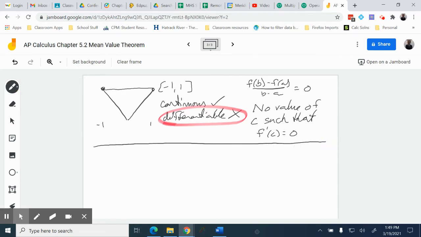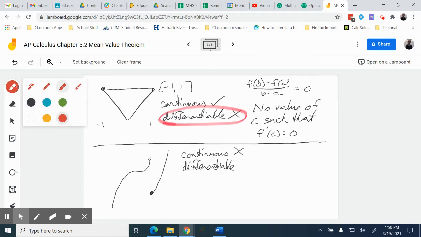Example number 2. Discontinuous function. Continuous? Nope. Differentiable? Irrelevant, because we've already failed, and let's see what happens when we try to apply the mean value theorem.